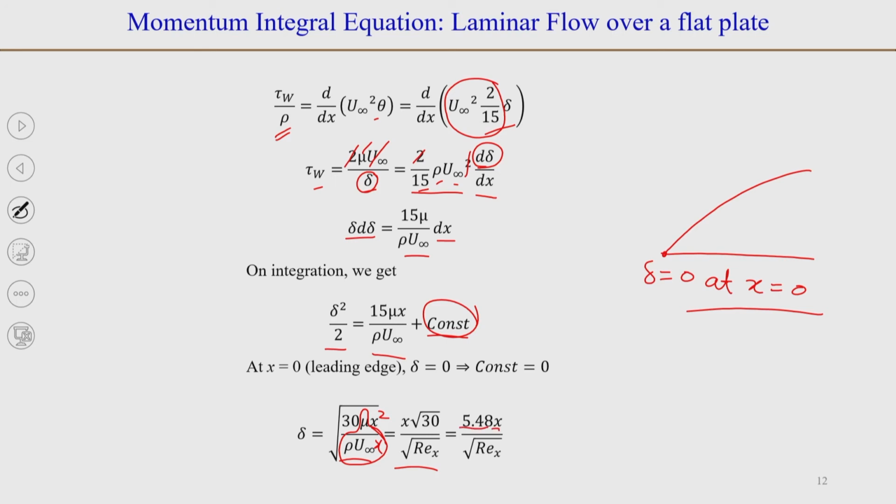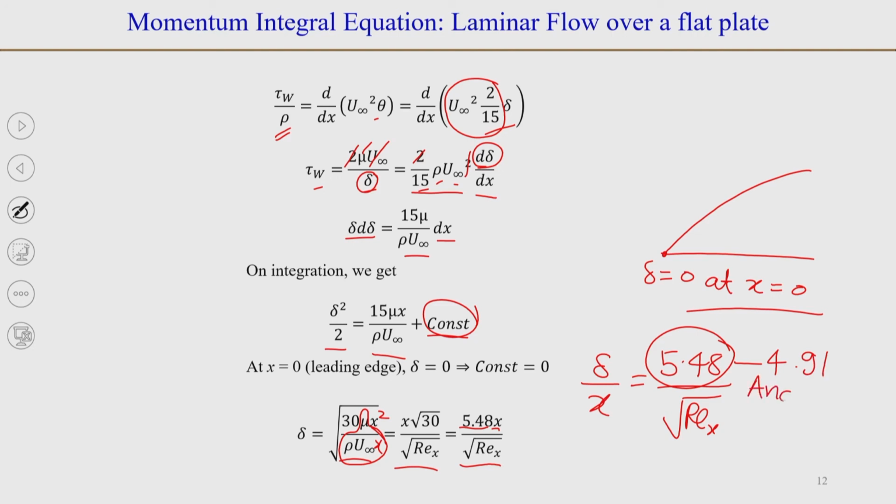So, 5.48 x divided by root Re x. So, delta by x is equal to 5.48 divided by square root of Re x. And we discussed in the previous class that this number comes out to be 4.91 from an exact analytical solution.